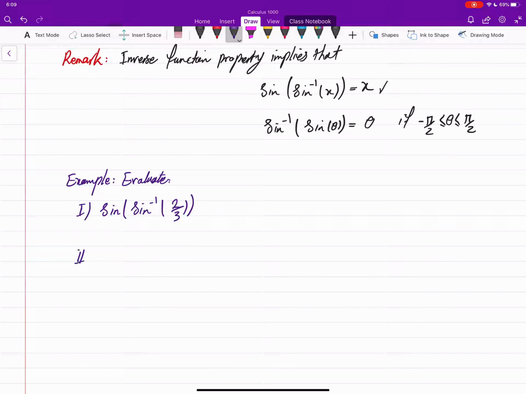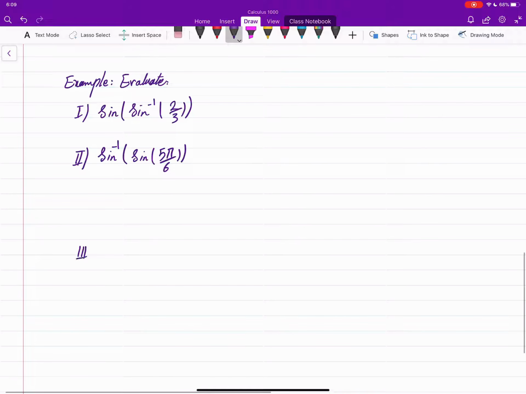Another one would be sine inverse of sine of 5π/6.